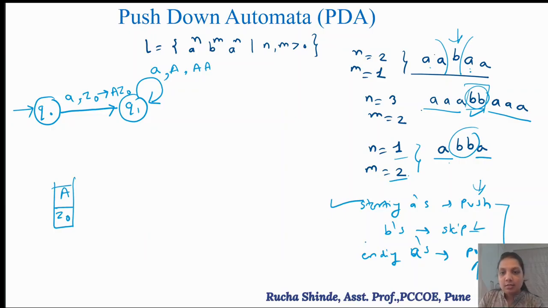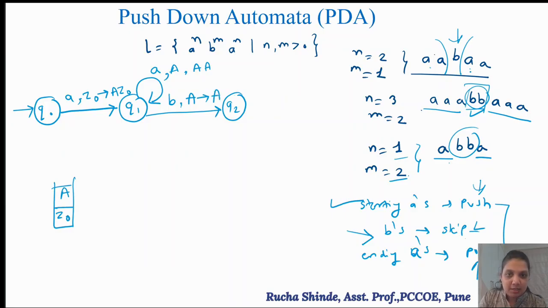Now what next? When b comes, we have to skip it. So now we have to change our state from Q1 to Q2 on reading b. While reading the b character, what should be the top of the stack? At least one a should be there. So the top of the stack should be capital A, and we are going to perform no operation on the stack.